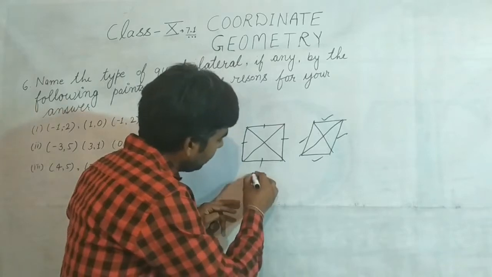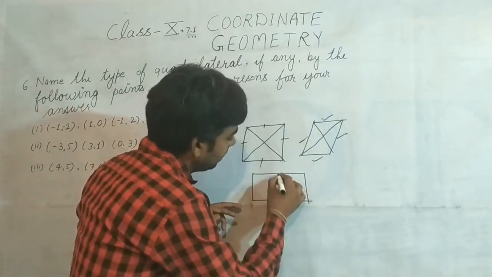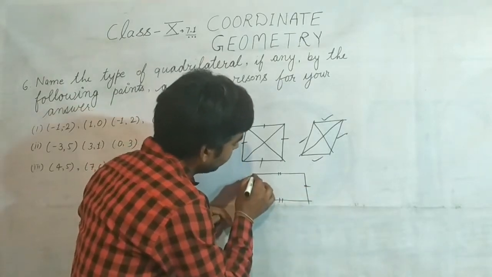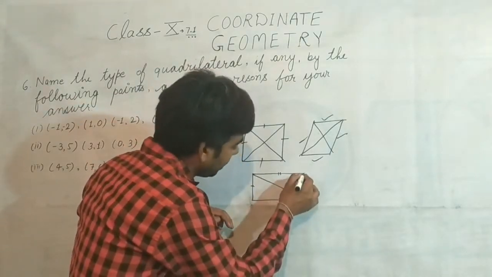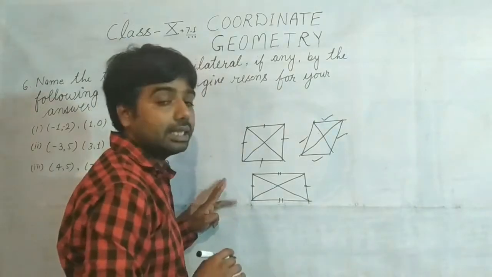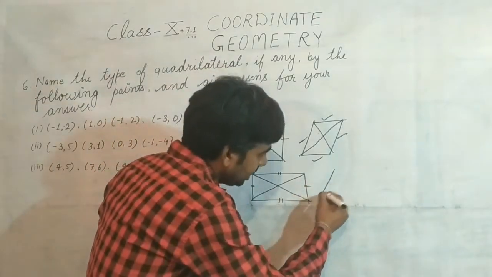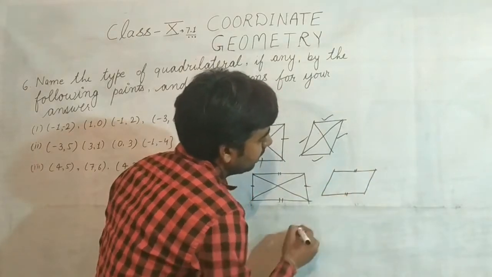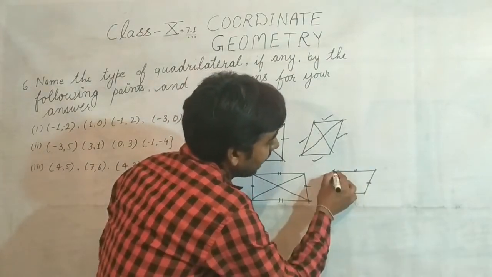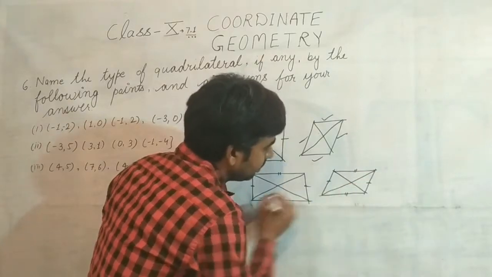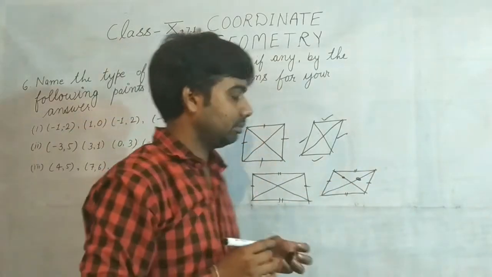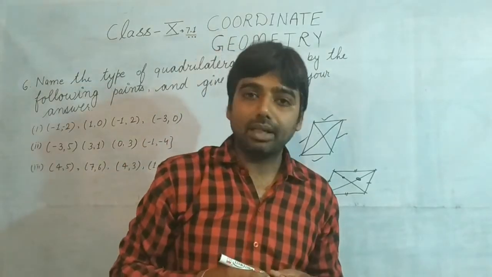If opposite sides are equal, this side equal to this one and this side equal to this one, and its diagonals are also equal, it is a rectangle. If opposite sides are equal but the diagonals are not equal, then it's a parallelogram.